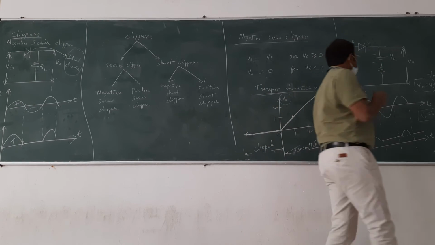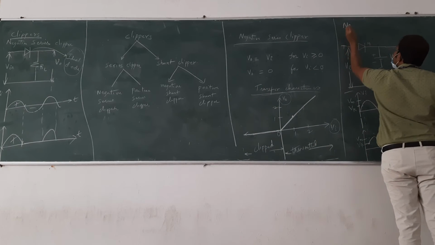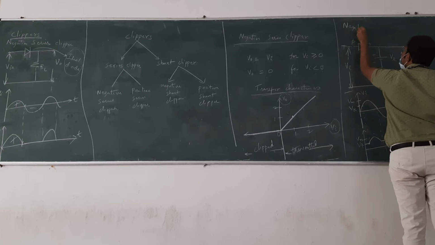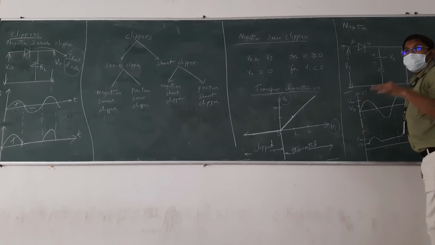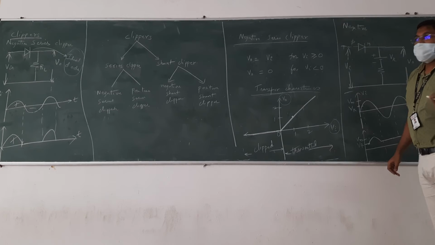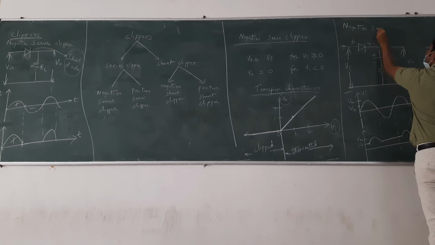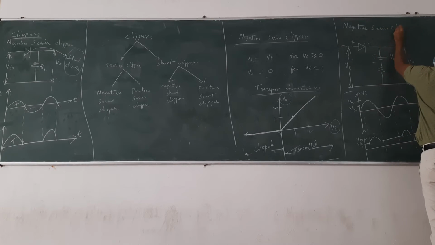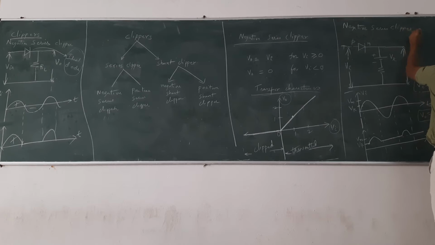Okay? So same name you will get. Negative. The name of this circuit will be negative series clipper with reference voltage.